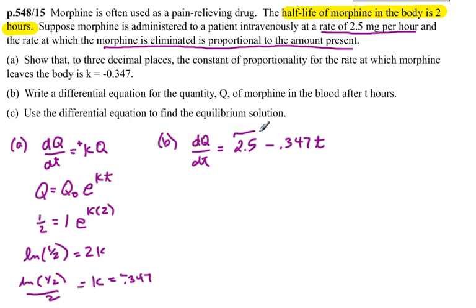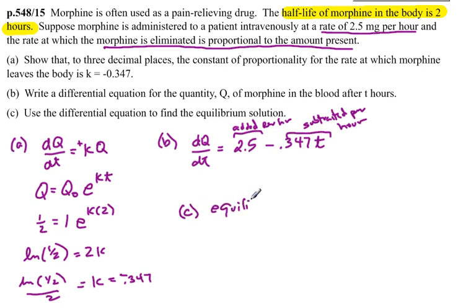All right, so this is the amount that's being added per hour, and this is the amount that's being subtracted per hour. And it's per hour because t is measured in hours. All right, so we've written our equation, and the rate of change has to do with the addition and subtraction being combined.